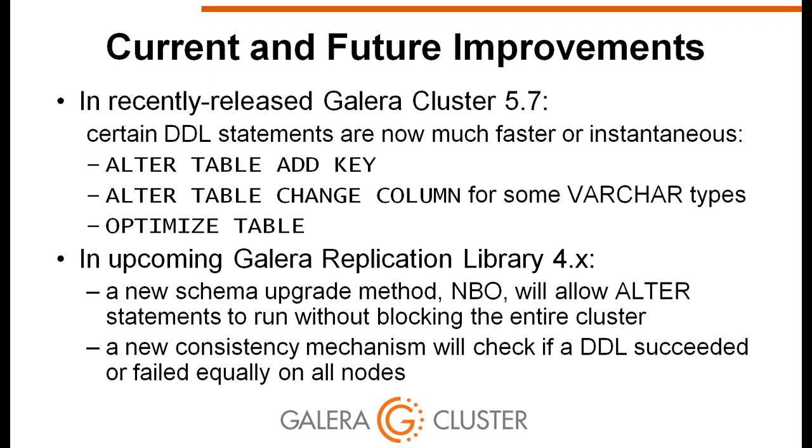So if you have a 9-node cluster, for example, and you run an ALTER TABLE statement that succeeds on 8 nodes and fails on just 1, this one node will be taken out of the cluster until you have had the chance to fix it. And the cluster will continue running with the nodes that are in agreement as to what the state of the database must be.